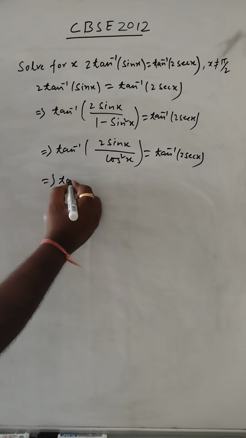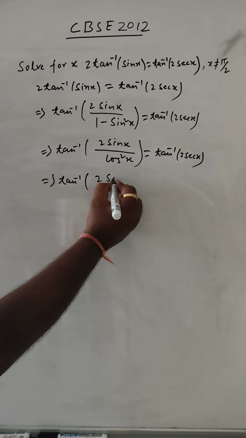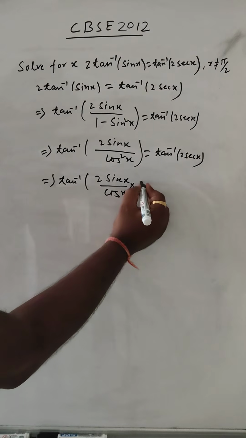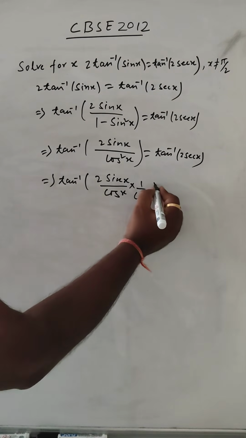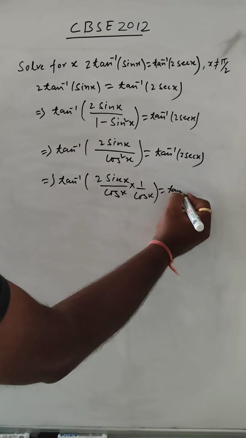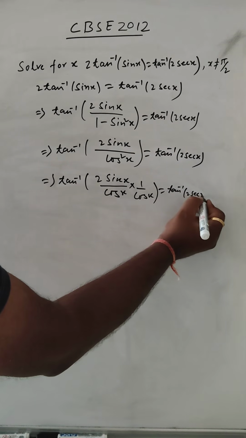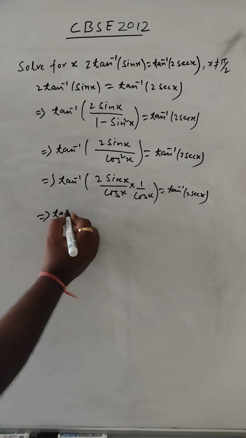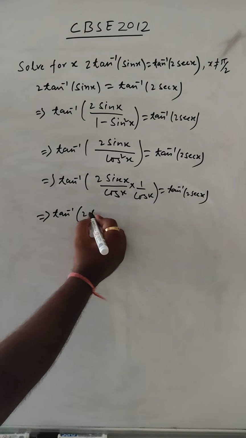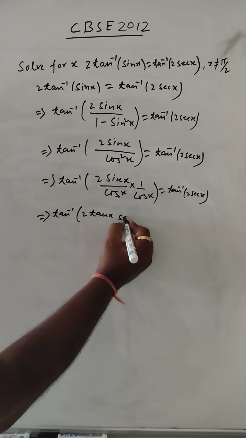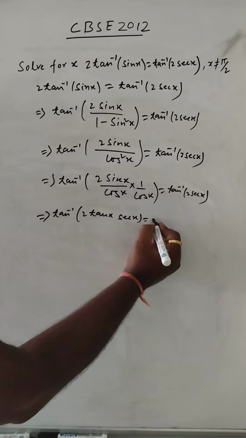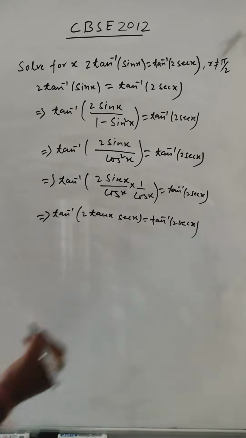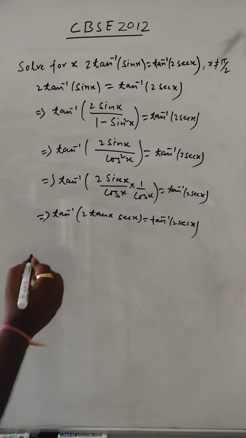Now tan inverse 2 sin x by cos x into 1 by cos x, right. Now tan inverse 2 sec x, and this can be tan inverse 2 tan x times sec x, and here tan inverse 2 sec x, correct.